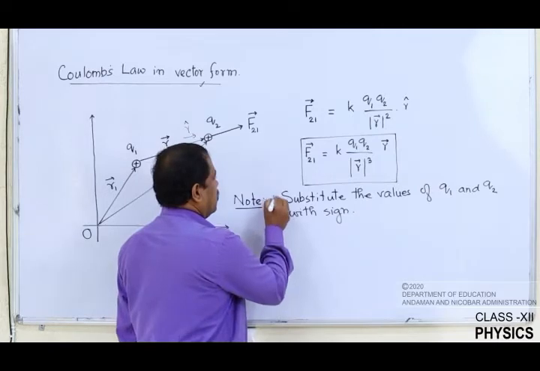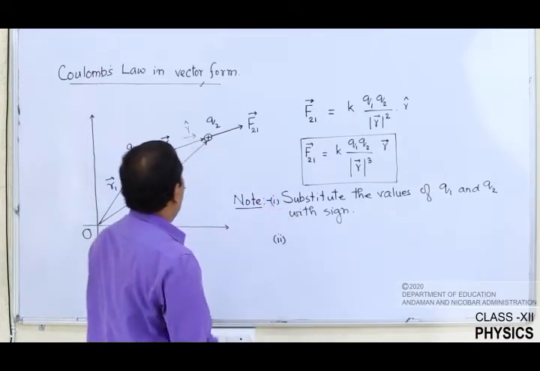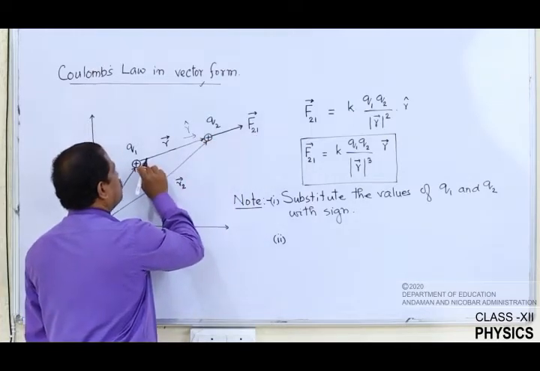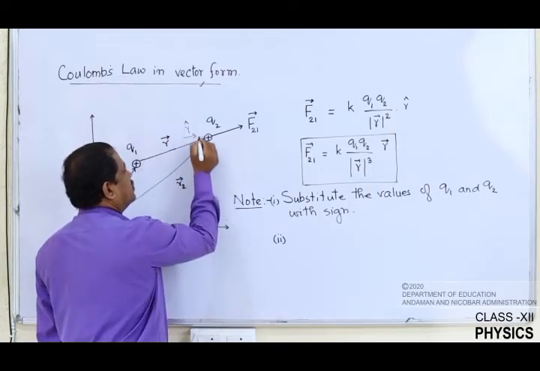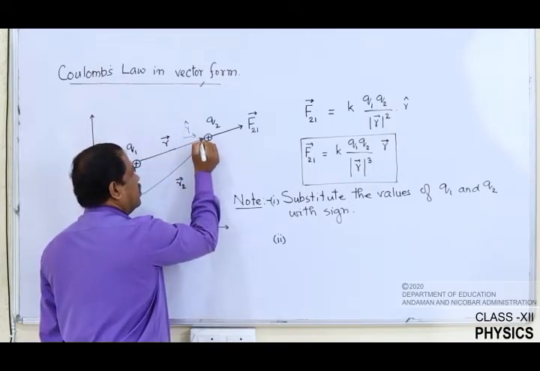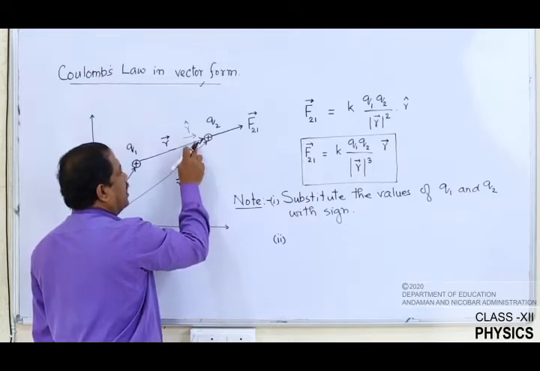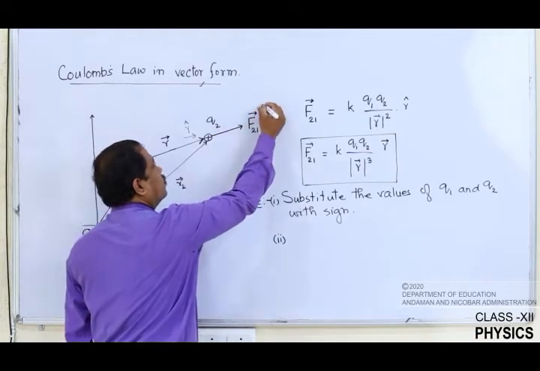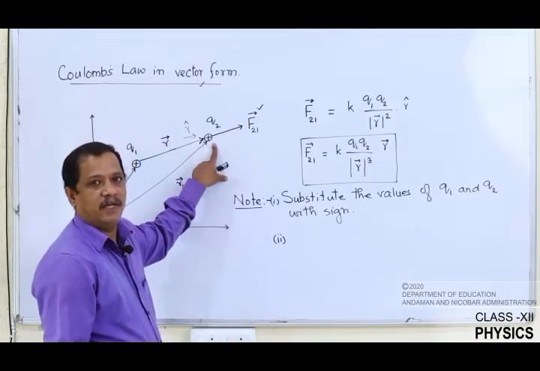The second important thing that we need to take into account is, while calculating the force on any particular charge, this relative position vector will have its direction, that is the arrowhead. The arrowhead will point on the charge at which the Coulomb force is being calculated. This is the second concept that we need to take into account.